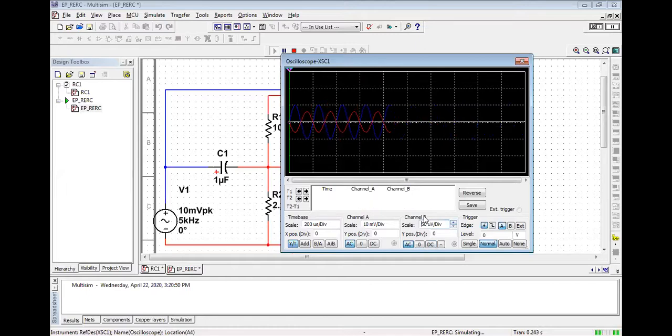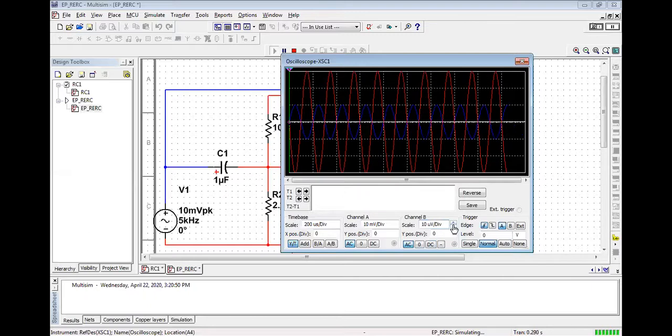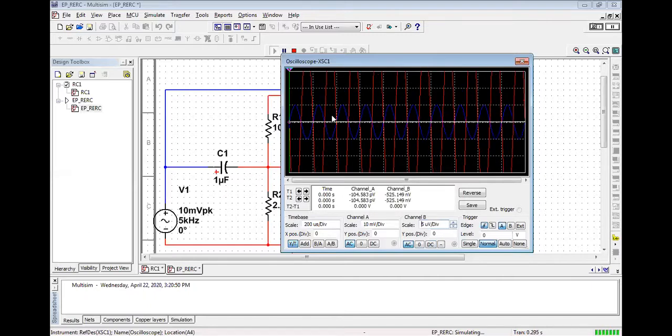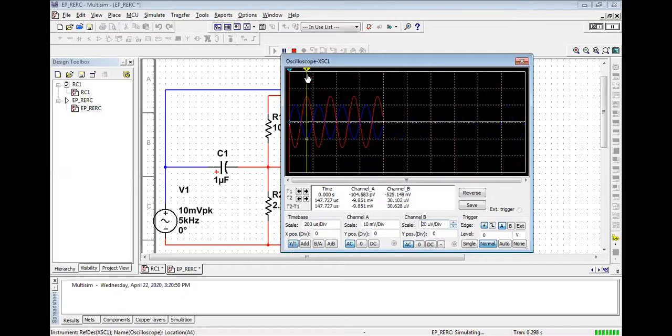How much voltage may you find here, and what will be the value of the gain? You can see it is 50 microvolts per division. Or else, if you want to find the actual output voltage, I am going to utilize the same method that you normally use here, that is T2 and T1.